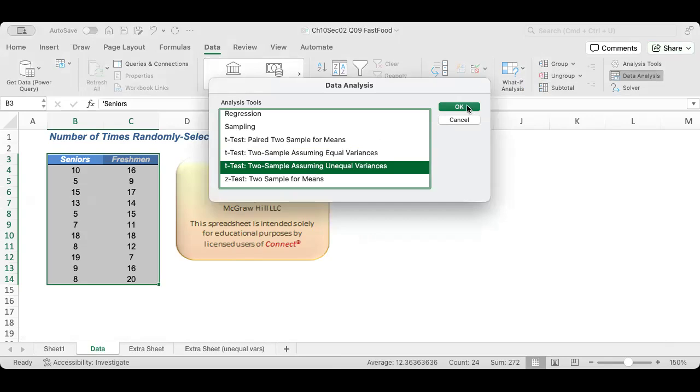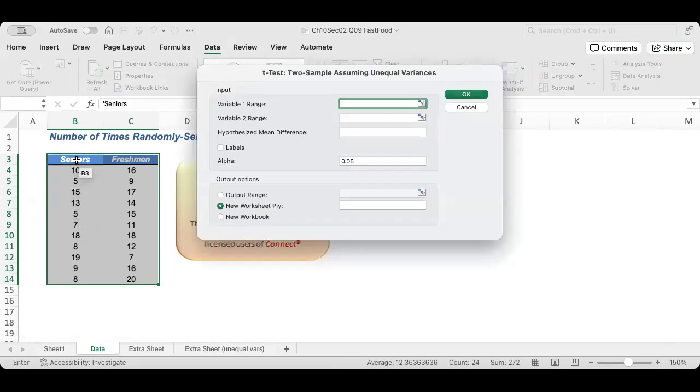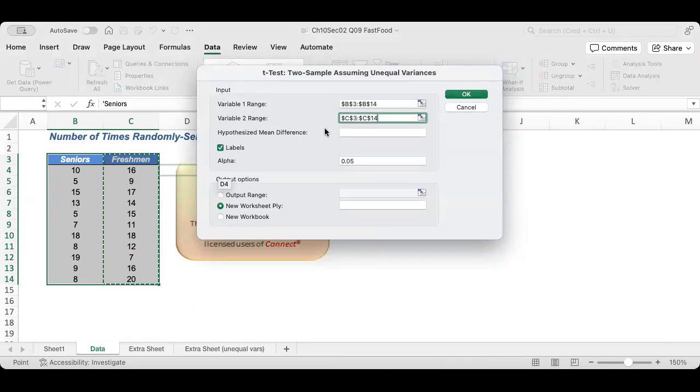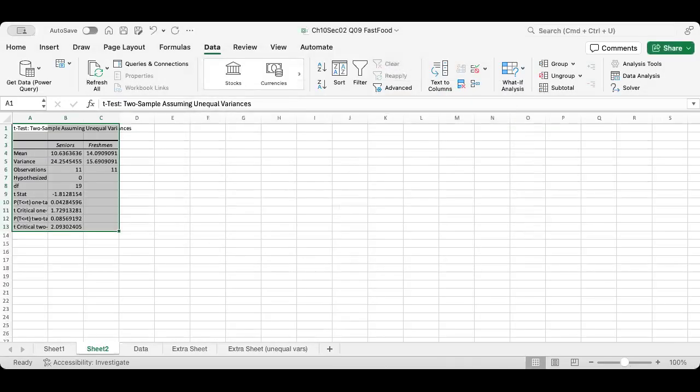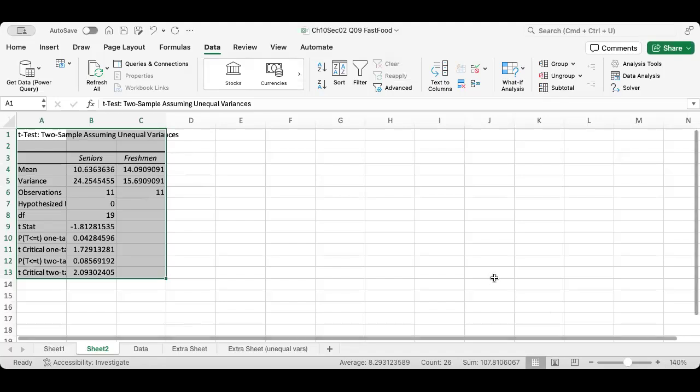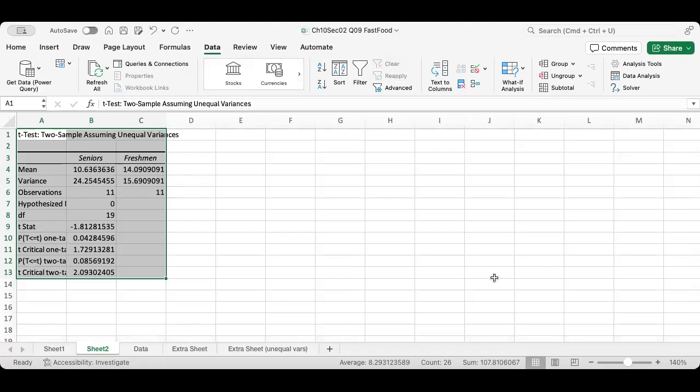So if I do that one, again, same data. Click on labels, hypothesized mean difference is 0. I got the same thing. My probability for my one-tail test is still 0.04, which is smaller than 0.05.